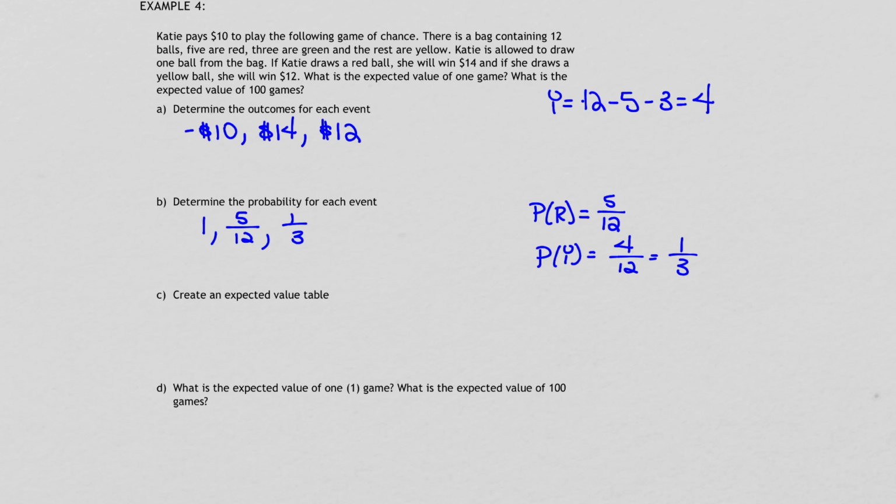It says create a table, so I'm going to have to draw my table this time. We'll have the outcomes and the probability.